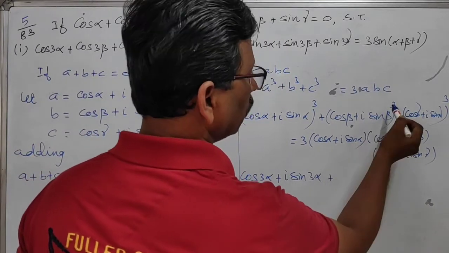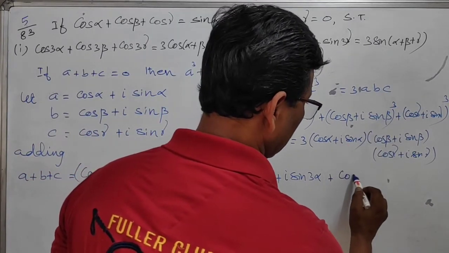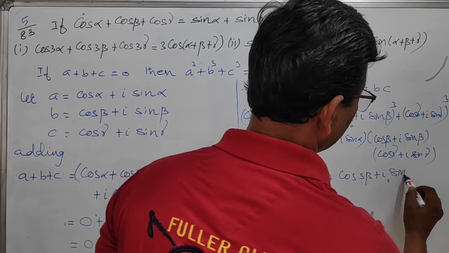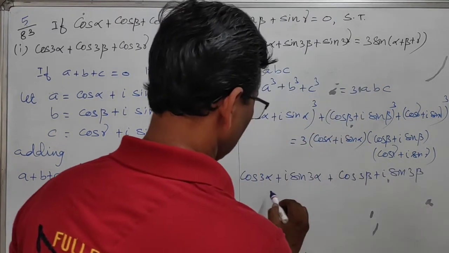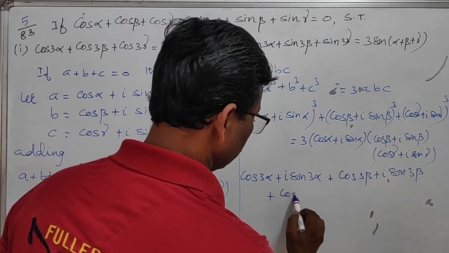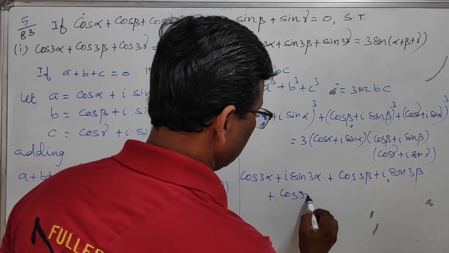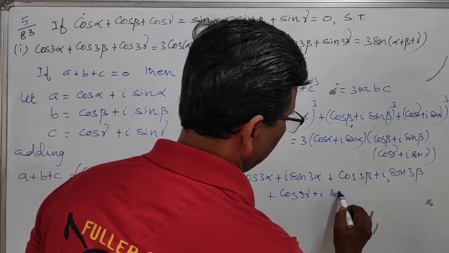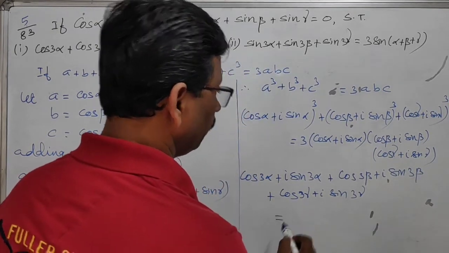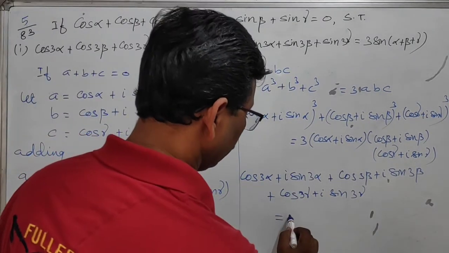Plus here also you can bring this inside: cos 3 beta plus i sin 3 beta, plus cos 3 gamma plus i sin 3 gamma, which is equal to, see, 3 is here.